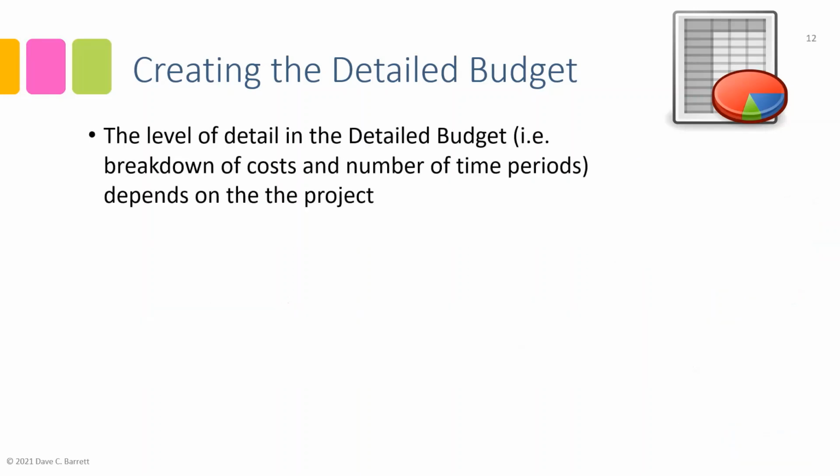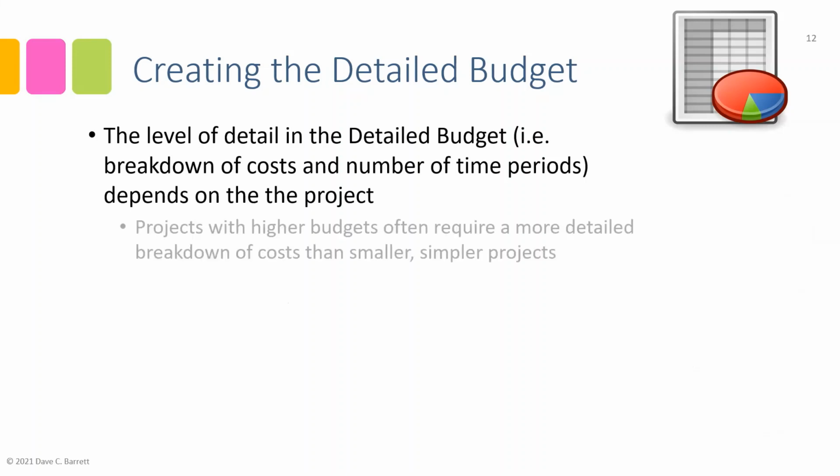The level of detail in the detailed budget, i.e. the breakdown of costs, and the number of time periods depend on the project. So there are some projects where there are very finely detailed costs, and there are some that are perhaps a little more high level. It can be a number of factors, such as the amount of budget, the finance requirements of your project, and so on.